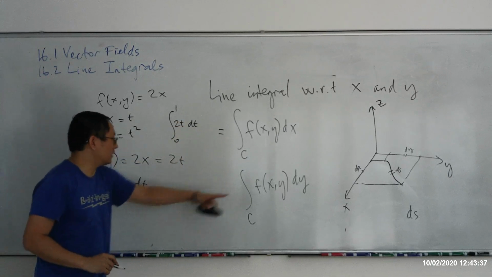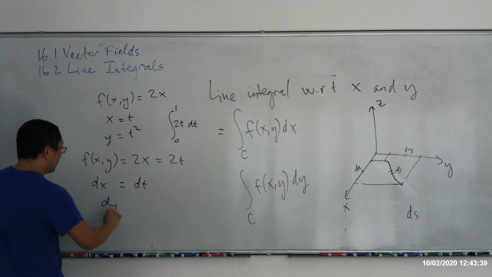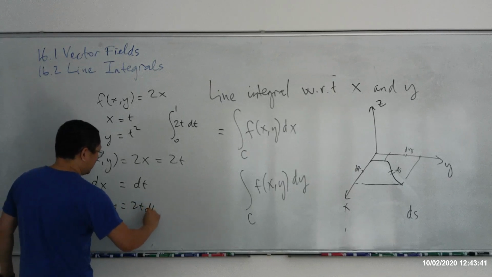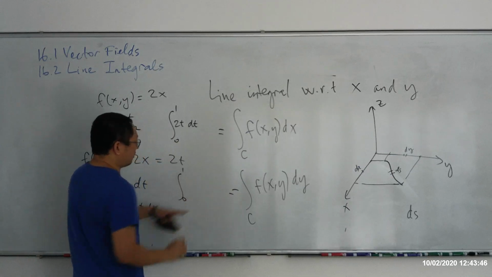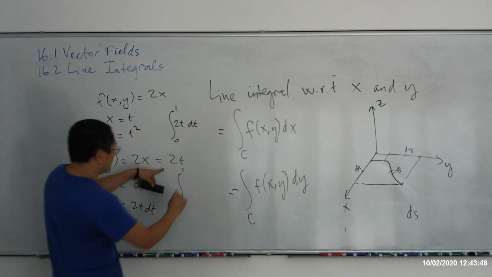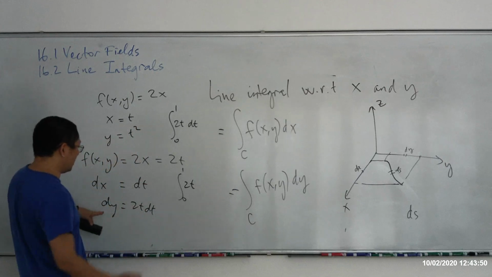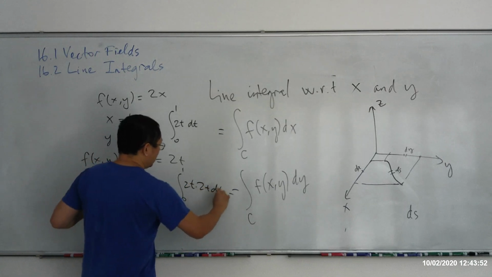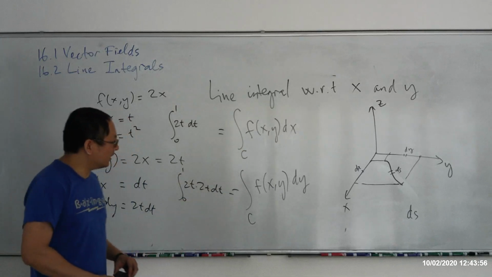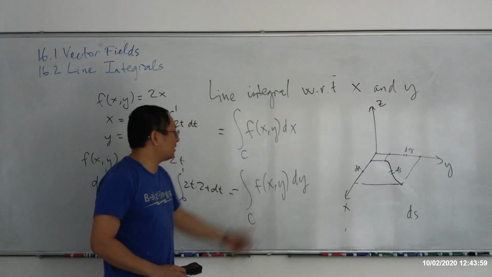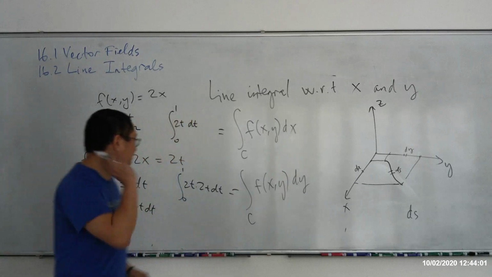And similarly, for the second one right here, dy is 2t dt. Okay? So this one becomes what? Integral from 0 to 1, and f of x y is 2t, and then dy is 2t dt, and you integrate them. Okay? So ds is harder, right? And if you know how to do ds, then you can do dx and dy.